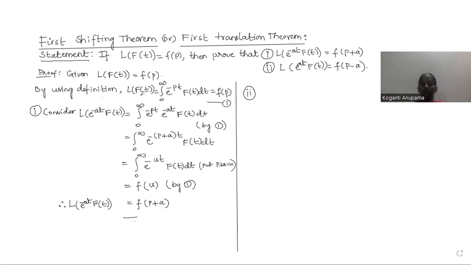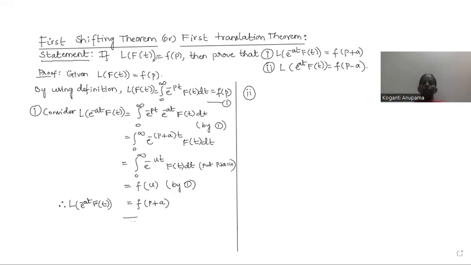And its definition is L of f of t equals the integral from 0 to infinity of e power minus pt f of t dt. This integral is represented by F of p, where p is a parameter. Let it be equation 1.